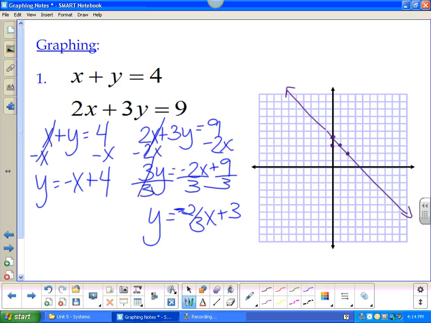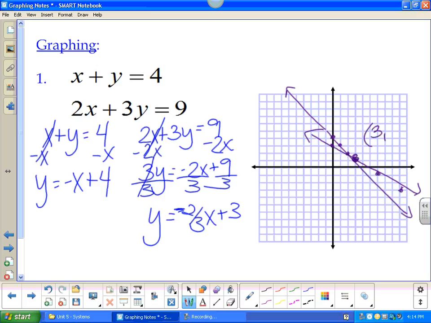And then my slope is down 2, right 3. So down 2, right 3 puts me right on that point. And then another one goes there, and then there. So to draw that, I kind of missed my points. But they are going to cross right there.